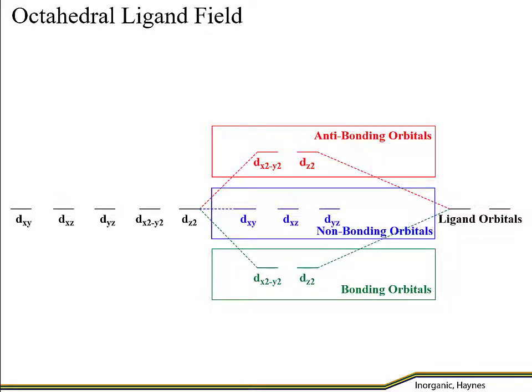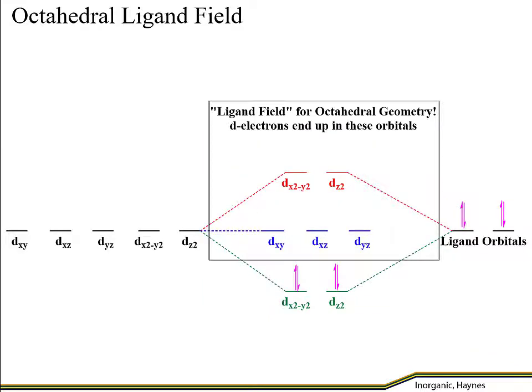So how does this work when we're thinking about an actual MO picture? Well, what we can look at is the mixing of these ligand orbitals with our metals. And what we see is that these bonding orbitals will in general be filled in by electrons that come from the ligands. What that means is inside this box here, we have what's called the ligand field for a given geometry of a transition metal complex.